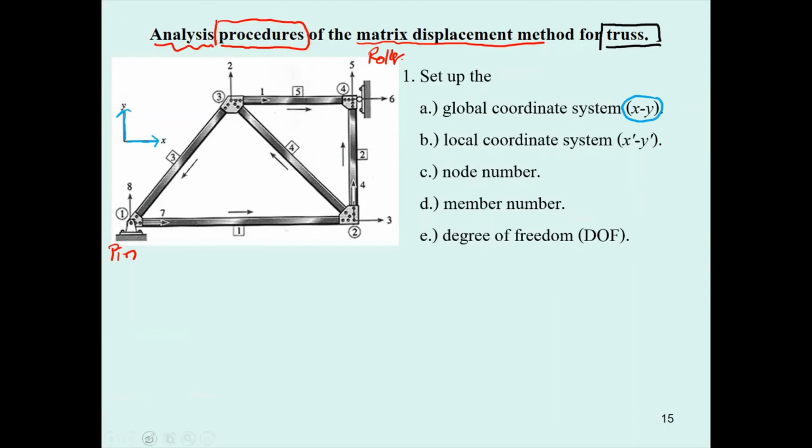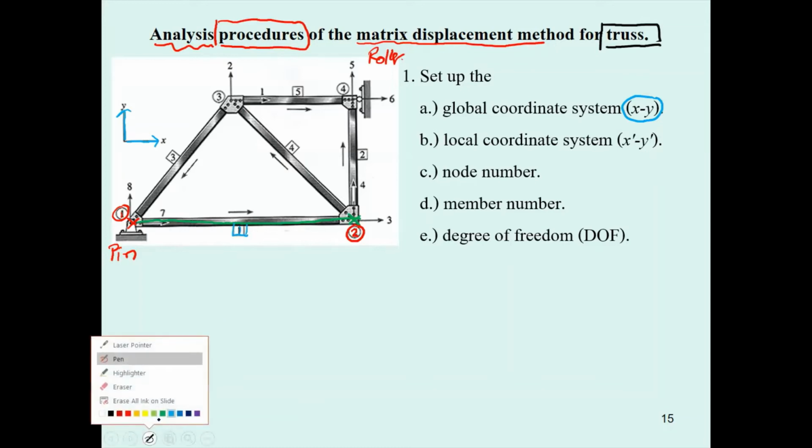Then we put this structure into a computer program. We mark the point, and this one will be node number 1. Then you drag the line across and end over here. The computer will know this is node number 2, the number with the circle, and this is member number 1.